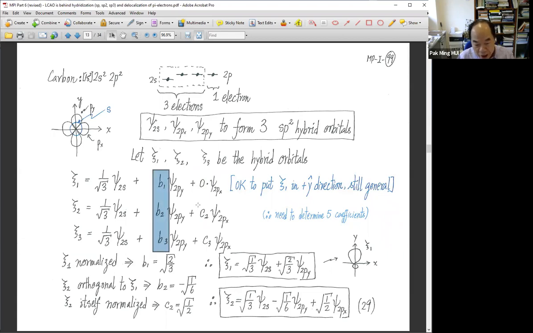B1, B2, B3, C2, C3. Okay? Now, all the atomic orbitals are normalized. And since they belong to the same carbon atom, they are orthogonal to each other. Now, listen to this very carefully. The reason is that they are atomic orbitals of the same atom.